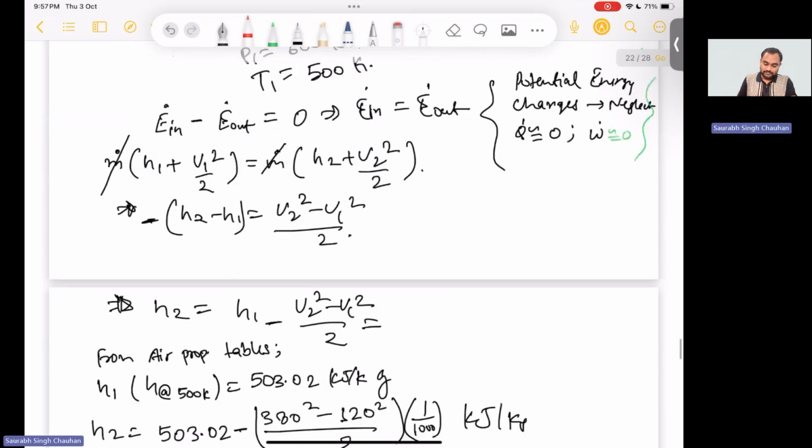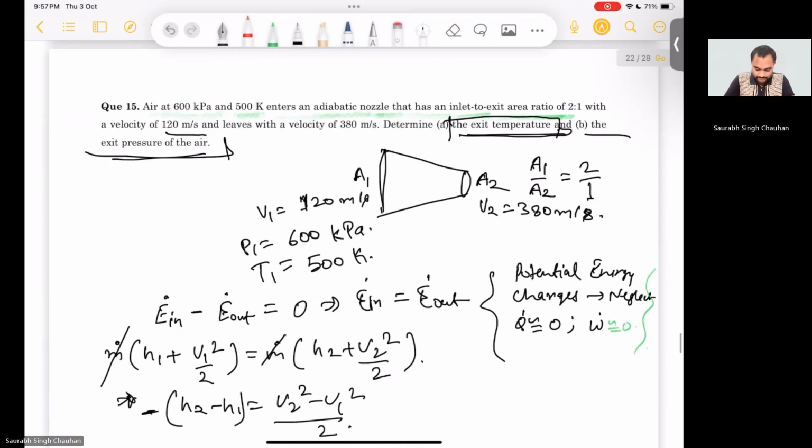So we were given the velocity at inlet and outlet, the ratio of area of inlet and outlet, and the inlet pressure and inlet temperature, and we were asked to find exit temperature and exit pressure. In this case we had to make use of air property tables.